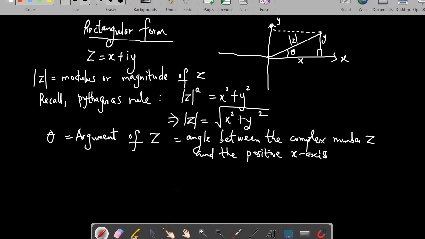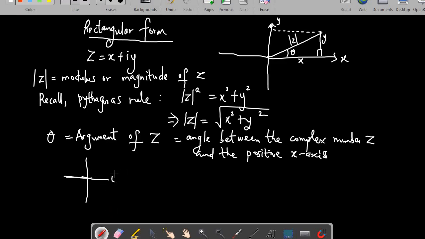Now let me say this very quickly. Sometimes when evaluating the argument of a complex number z, you might be working with the negative or the positive angle equivalent. Every angle has a positive equivalent and a negative equivalent.